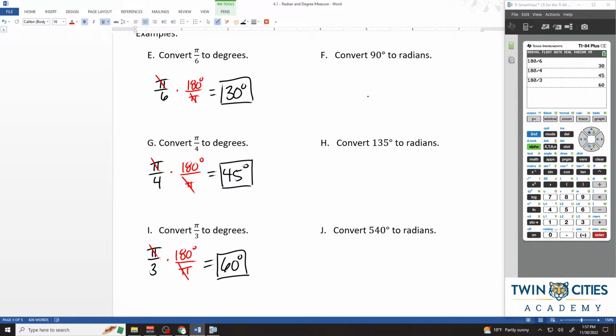All right, on the right side, I'm starting with degrees. So 90 degrees, 135 degrees, and 540 degrees. For each of these, let's flip this upside down. I'm going to multiply by pi over 180 degrees.